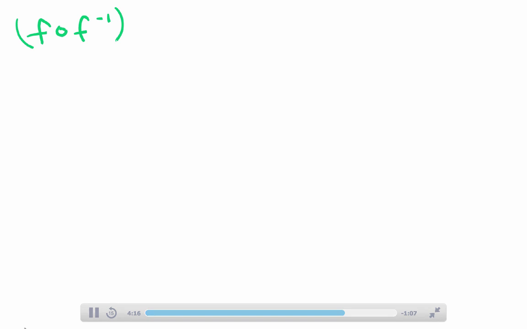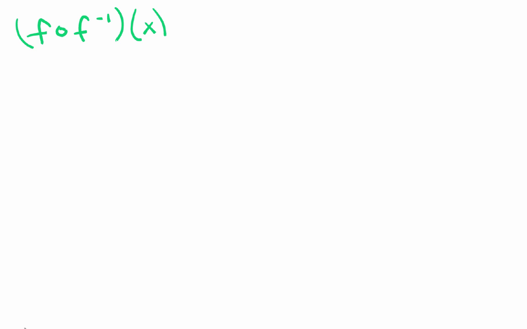So what we can do is, I'm just going to put this in another spot so I have a little bit more room. So starting with f of f inverse of x, we have this is equal to 4 times the quantity x plus 5 over 4 minus 5. And by using distribution, we see that this does simplify to just x.